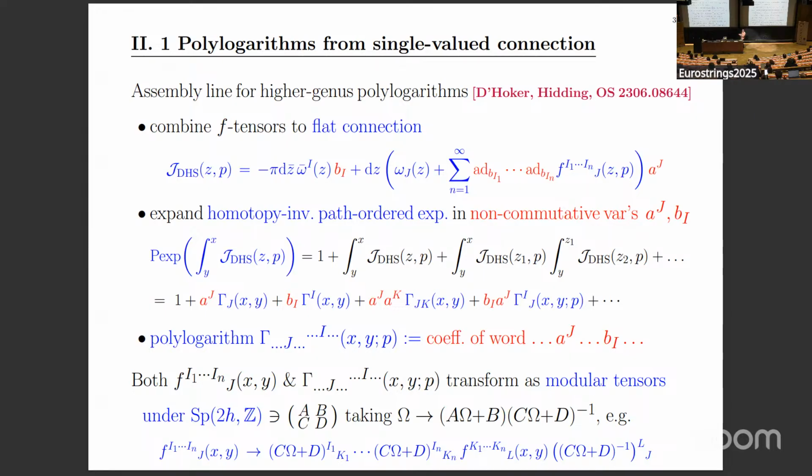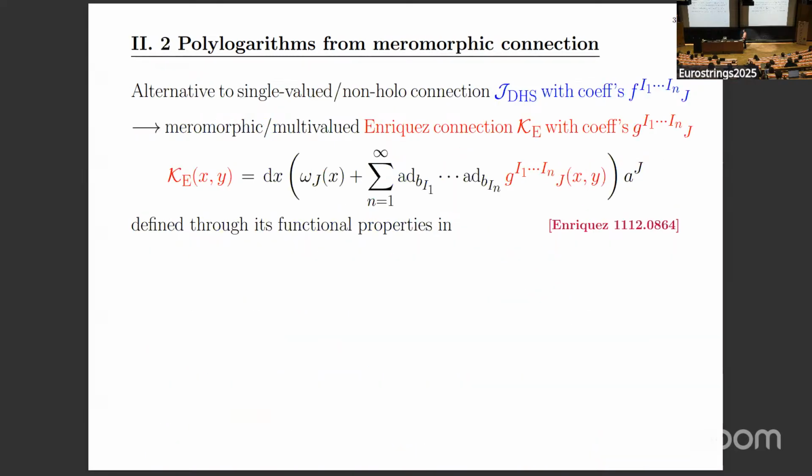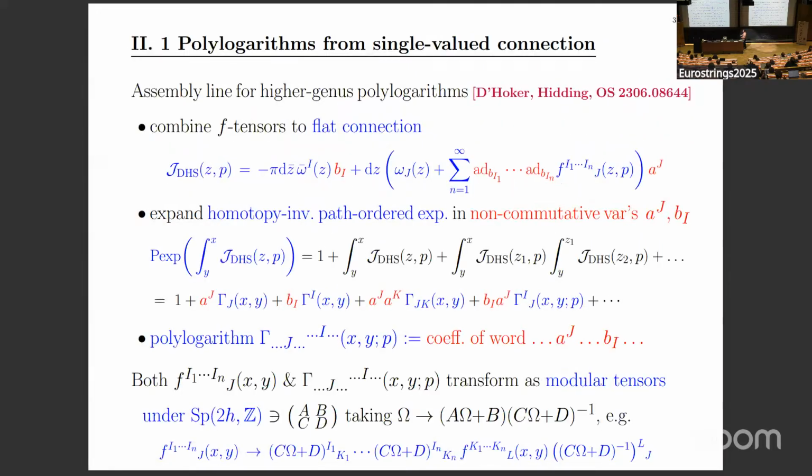So the integration kernels have excellent modular properties, and the entire flat connection is modular invariant if you prescribe A and B to transform. So the good news is that not only the Fs, but even the polylogs generated from the Fs are modular tensors. So you can really control how they behave under modular transformations.